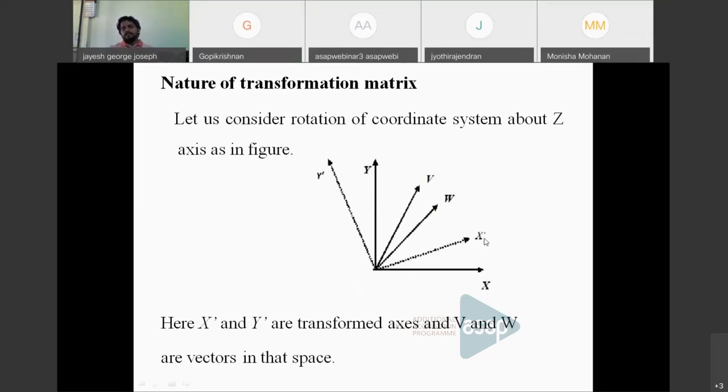The new coordinates are denoted as x prime and y prime. And v and w are two ordinary vectors in this space.